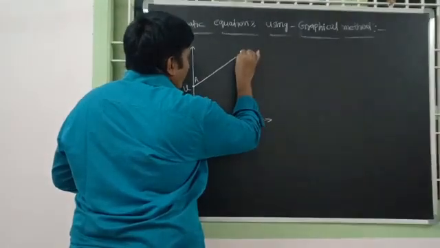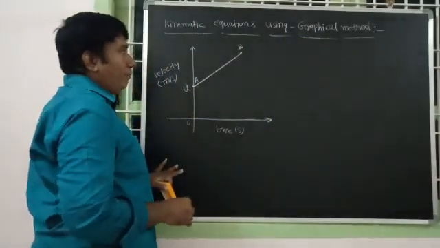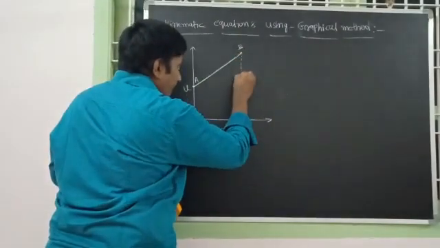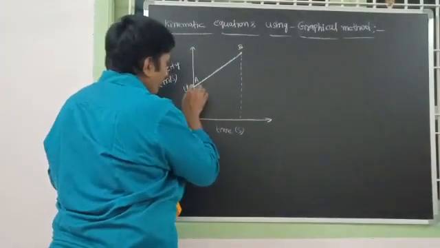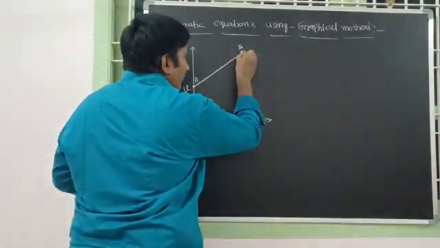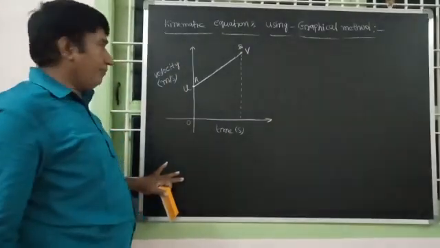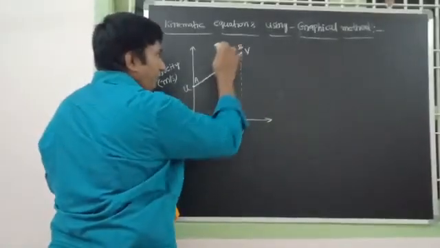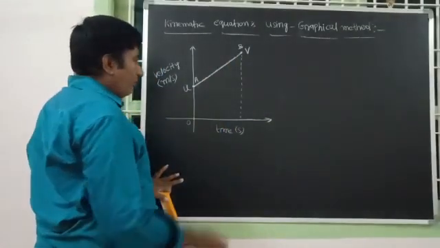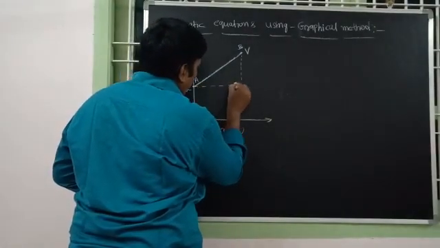So let us assume that after some time, from here to here it will take some time. At this point, the final velocity I take as v. For convenience, I have drawn a line like this.